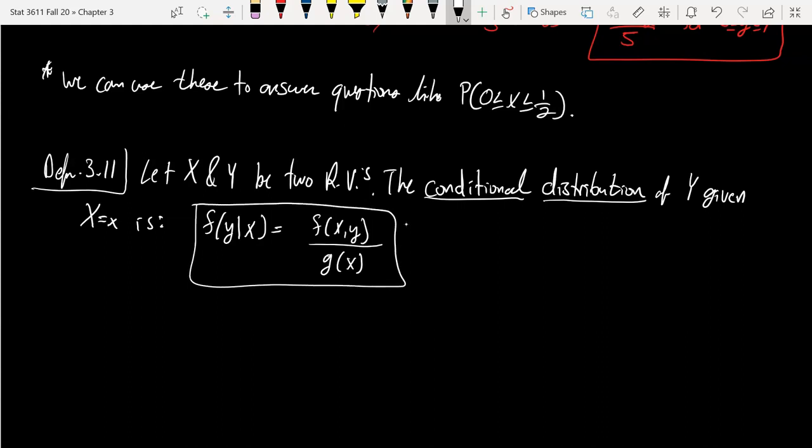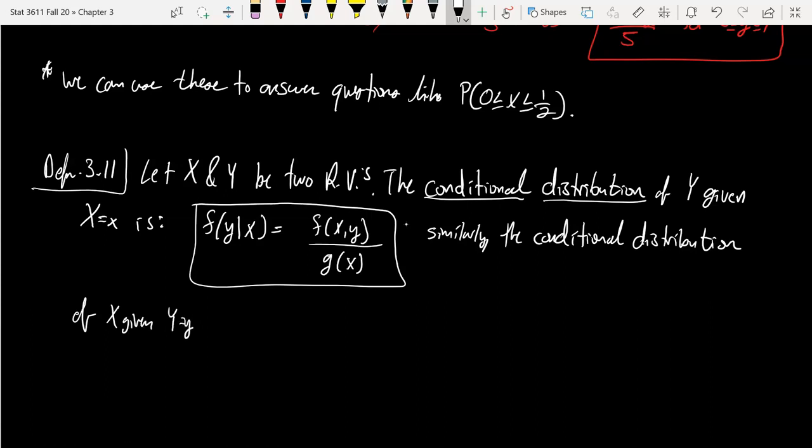Obviously, as we have before with conditional probabilities, the ordering of conditioning matters. So I would say similarly, the conditional distribution of x given capital Y will be f of x given y.